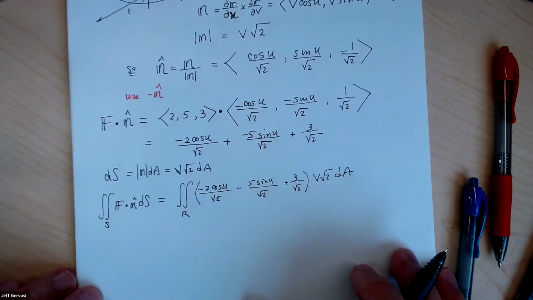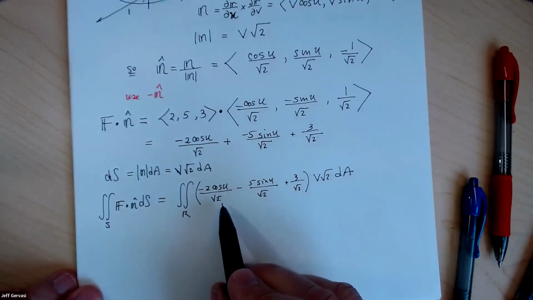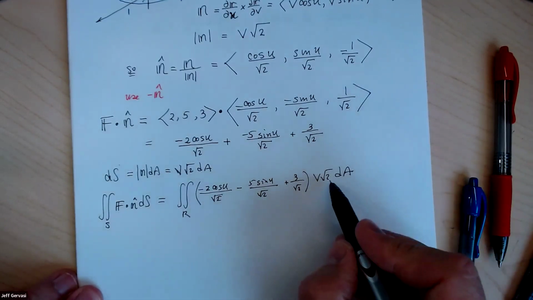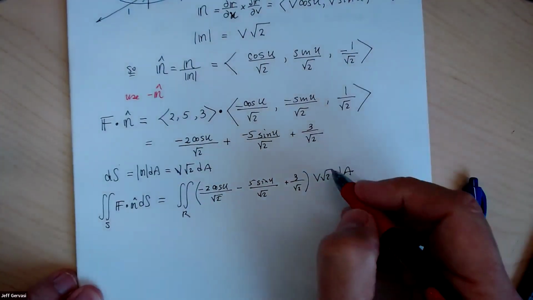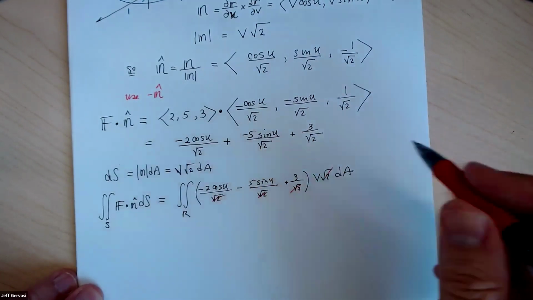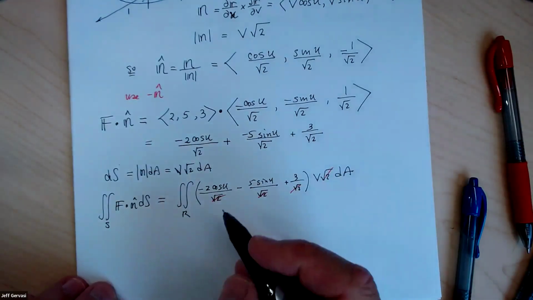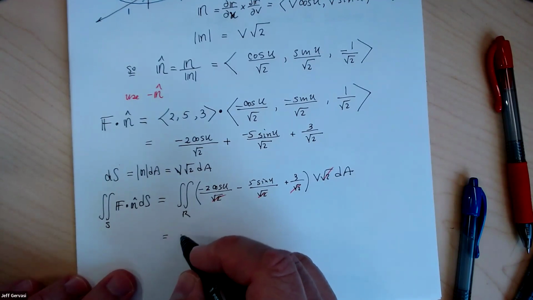All right. Okay, now notice the square root of 2 in the denominators will cancel with the root 2 right here. So we cancel those, so that's okay. So then we'll rewrite our integral.